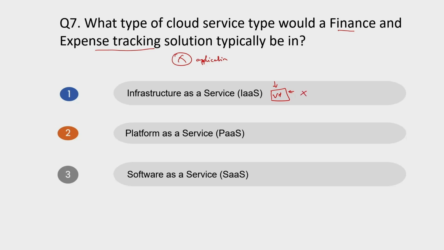So it will be a wrong answer because it is going to take time. Platform as a service will provide the runtime. We need to write the code. And this is also again going to take time because we have to write code for the finance and expense tracking solution.